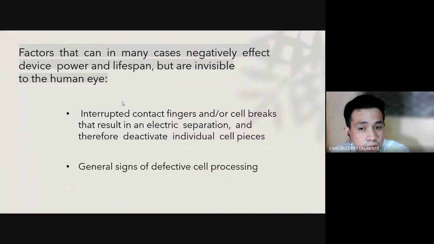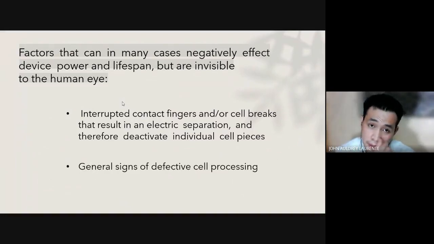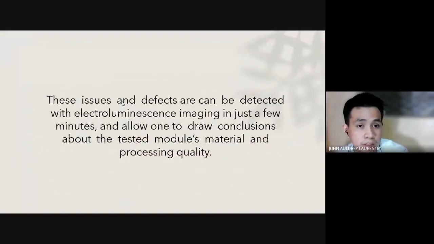General signs of defective cell processing. As I have mentioned earlier, these are all issues and defects which can be detected with electroluminescence imaging in just a few minutes, and which allow analysts to draw conclusions about the tested modules, materials and processing quality.